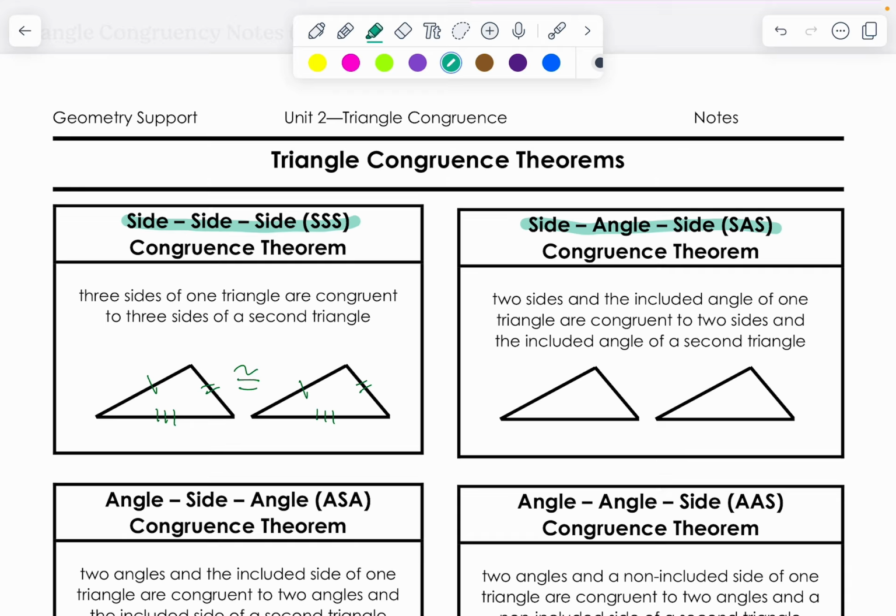Also side, angle, side. That's two sides and an included angle, an angle in between the two sides. So that's going to be side 1, side 2, and an angle between them. If both triangles have two sides and an included angle marked as congruent, then the two triangles will be congruent based off of the side angle side theorem.